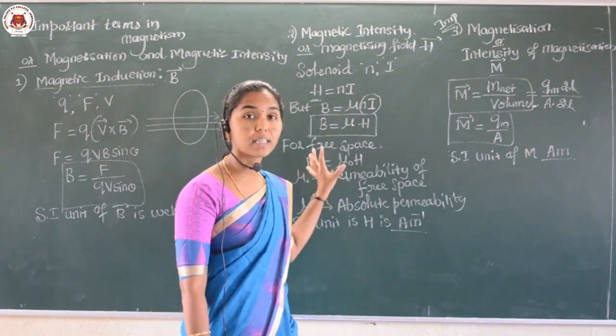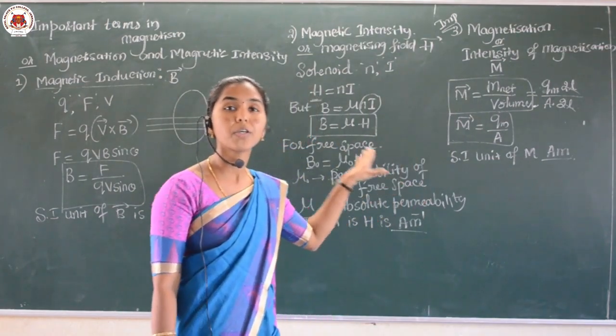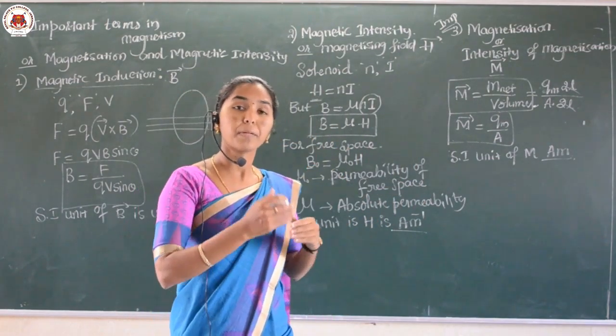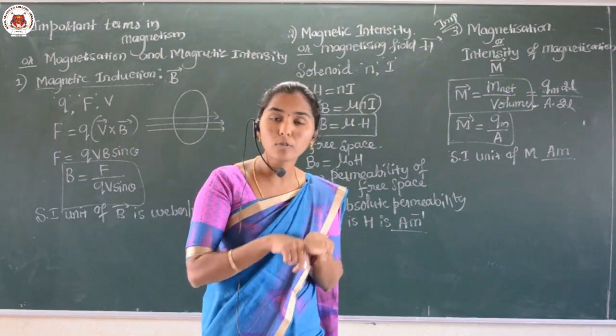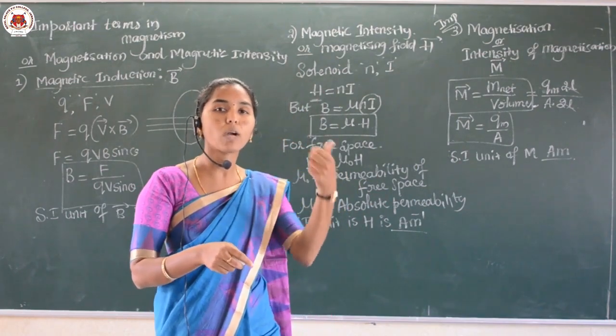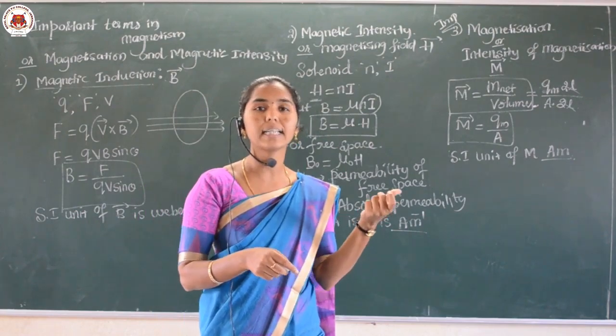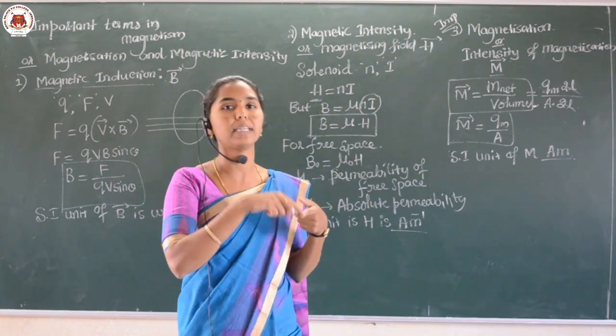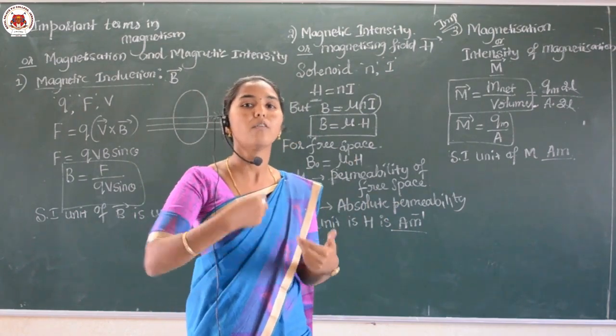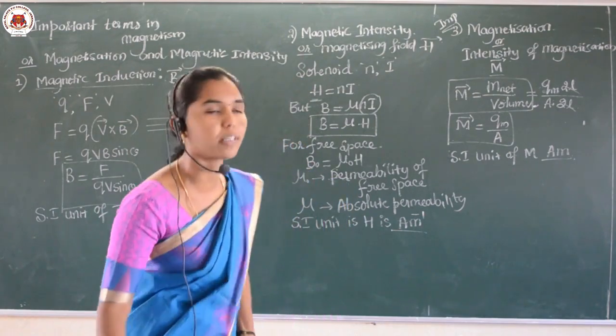Yes, these are the three important terms used in magnetism. But along with this, if you want to find the relation between the magnetic induction, magnetic permeability and the susceptibility, we need to study the further two terms.